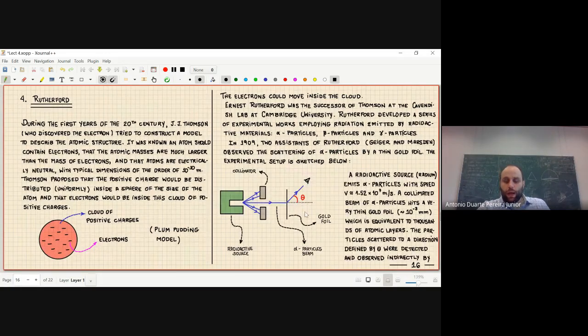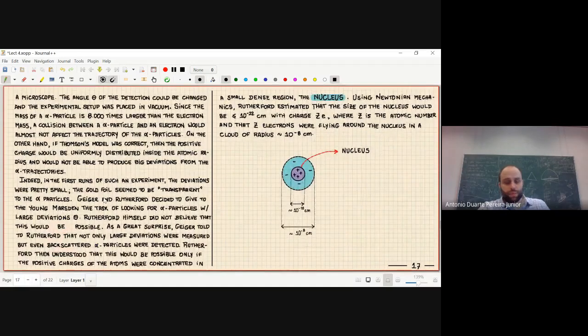And he had two assistants, Geiger and Marsden, and they performed this experiment, and indeed they did not find any big deviation from the initial trajectory of the alpha particles beam. So they measured just very, very tiny values of theta.